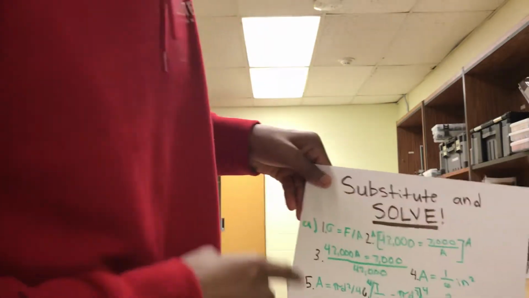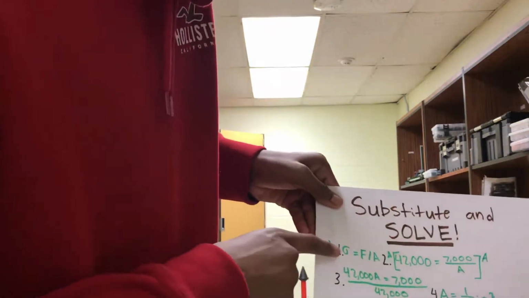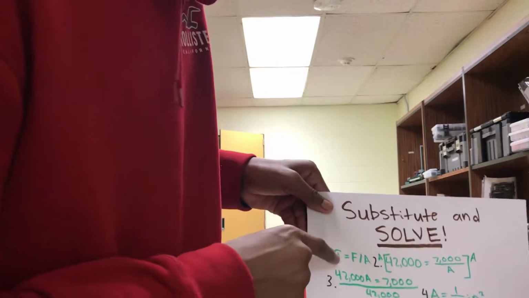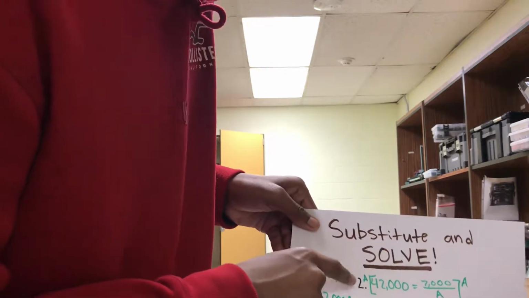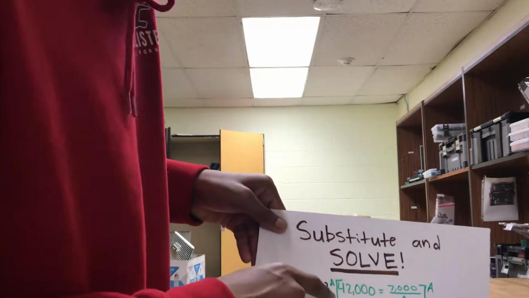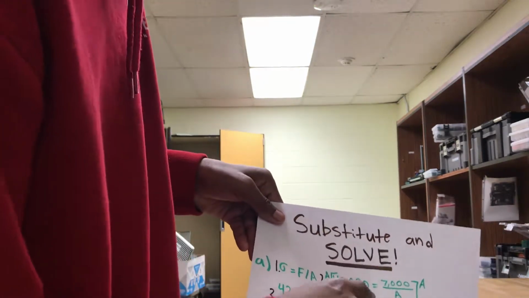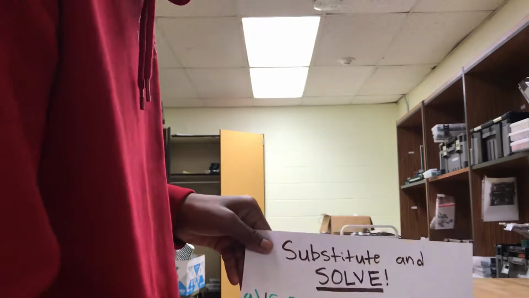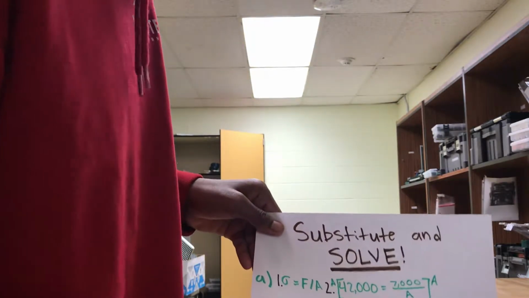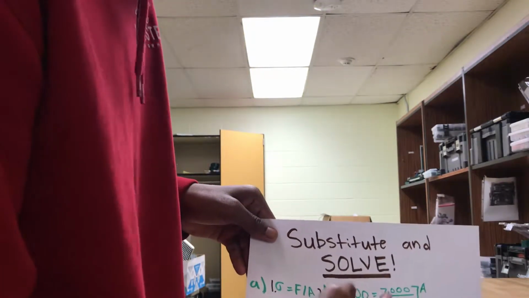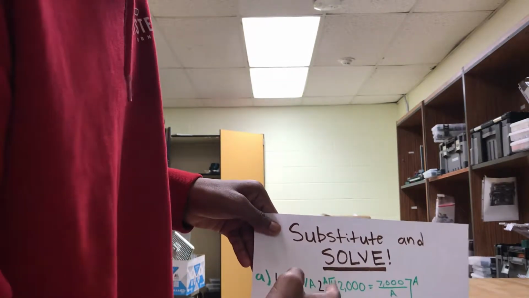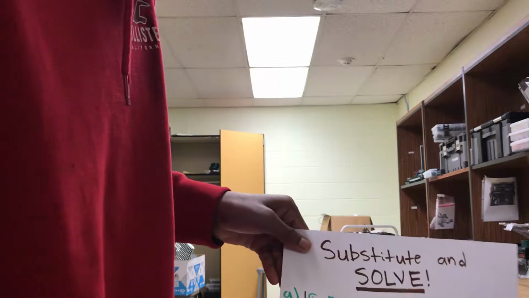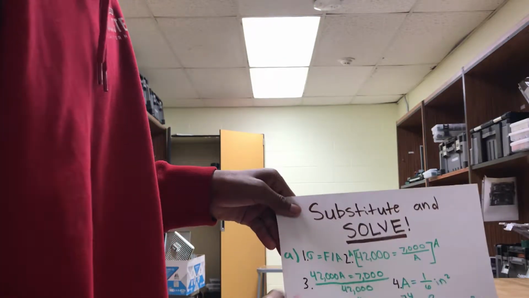Substituting, solving. So our first step, we must know what our equation is and restate it. So we restate that stress equals force divided by area. Now we simply plug everything in. So you get 42,000 equal to 7,000 divided by A. Now we must multiply by A, which will then give us 42,000A equal to 7,000.